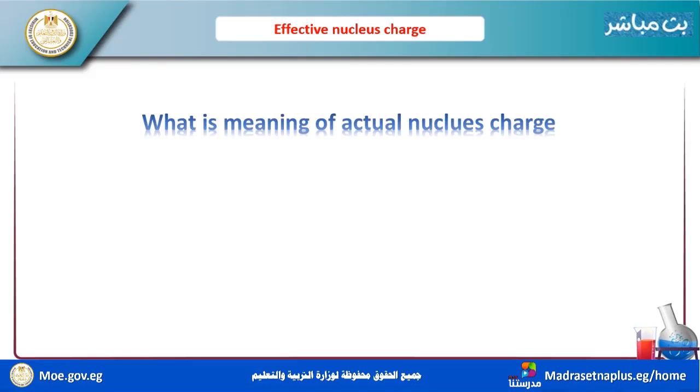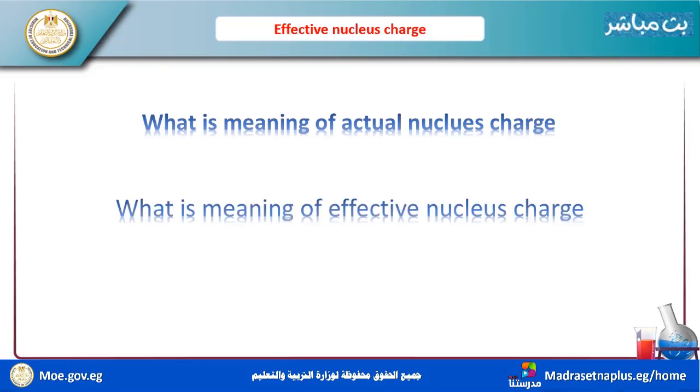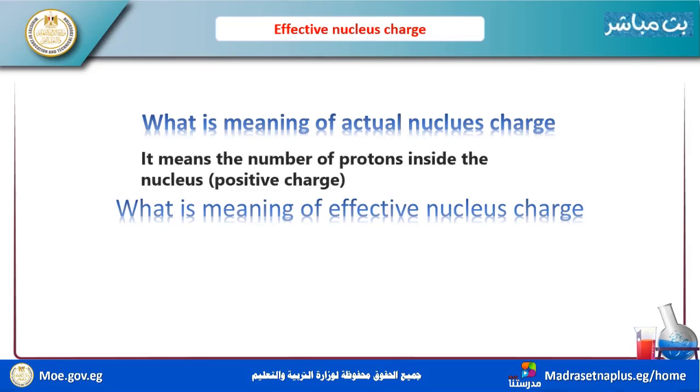Actual is the number of protons inside the nucleus, the positive charge. But the effective is different, because not all the protons can attract the valence electrons in this atom. What is the meaning of effective?